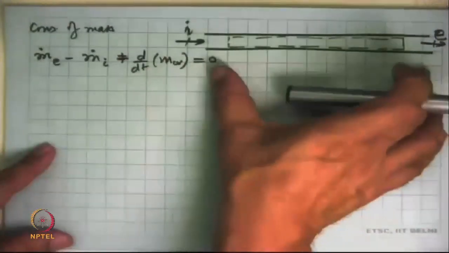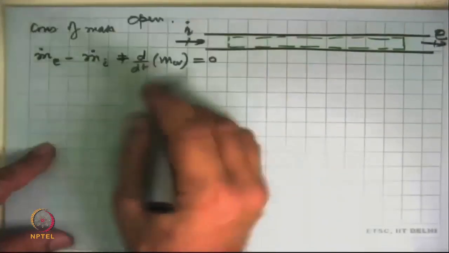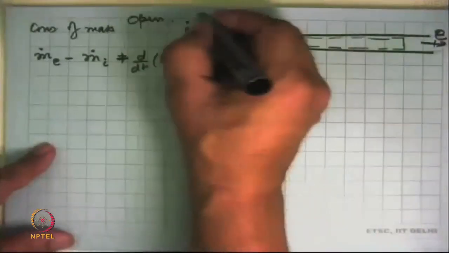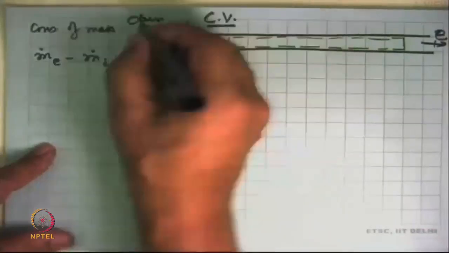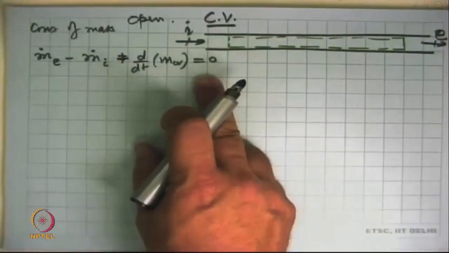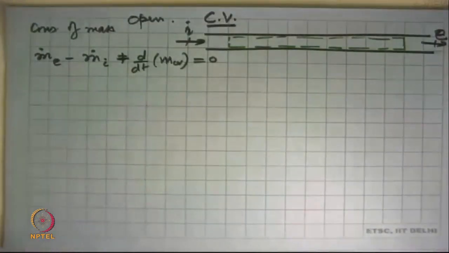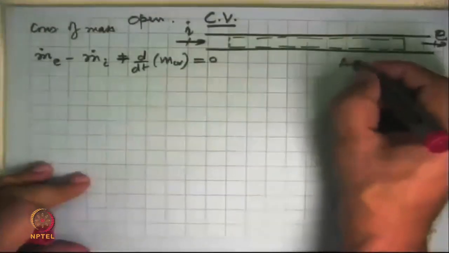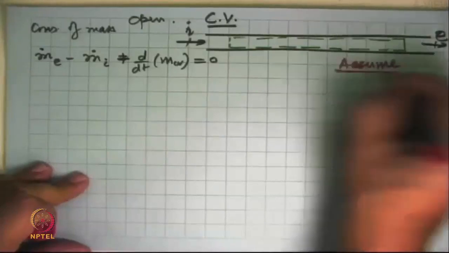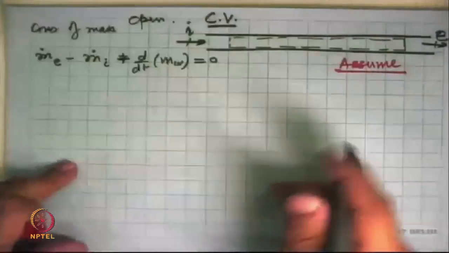The first thing before we can even do this is to tell what type of system this is. This is an open system. What type of treatment shall we apply to this? A control volume treatment, and so this equation came. If it were a control mass, this equation would not have been there. Now we start making a series of assumptions, and this is purely our own judgment. We can assume something, we need not assume something.